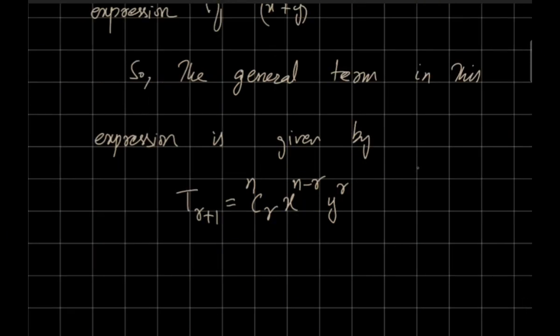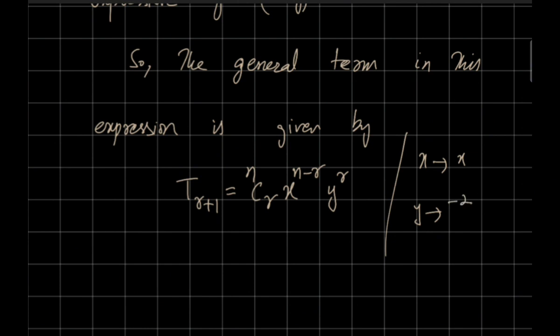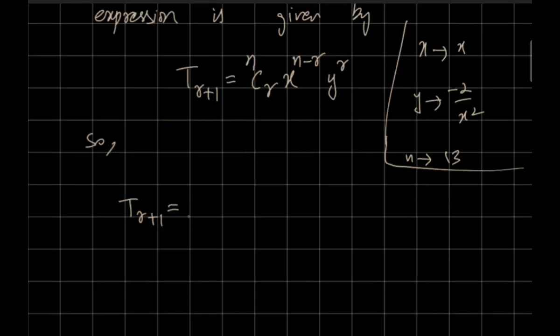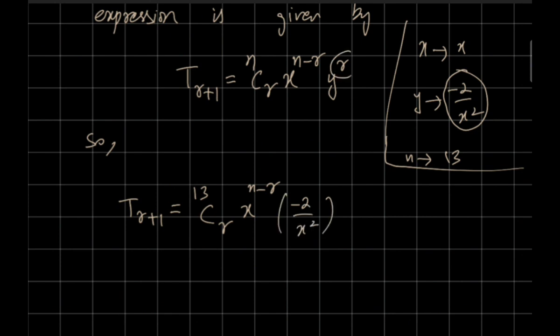But in our case, x is replaced by x, y is replaced by minus 2 over x squared, and n is replaced by 13. So T(r+1) is given by 13Cr x to the 13 minus r, times negative 2 over x squared to the power r.